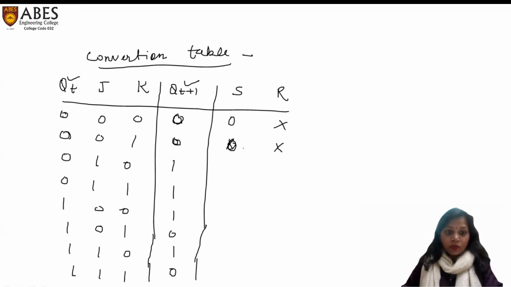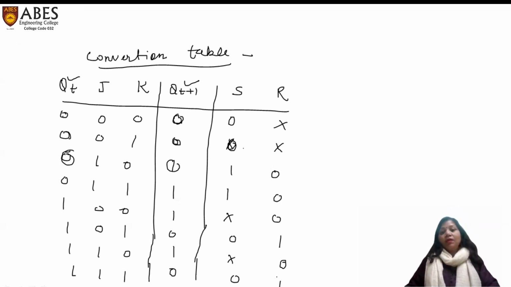For Qt 0 and Qt plus 1 1, the excitation table gives S R as 1 0. Same we use here: 1 0, don't care 0, 0 1, don't care 0, 0 0. So we have found all the combinations of S and R according to Qt and Qt plus 1.